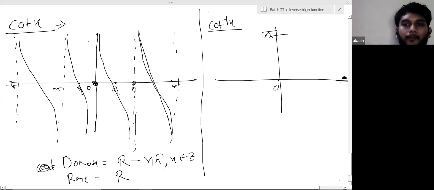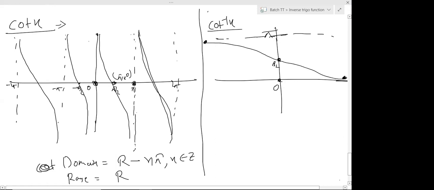So this will be a point. And we have pi by 2 comma 0, so 0 comma pi by 2. Let's draw this pi by 2 here. And we have pi comma infinity, minus infinity, so minus infinity will be getting here. So the graph will look like this. The domain will be again minus infinity to infinity.